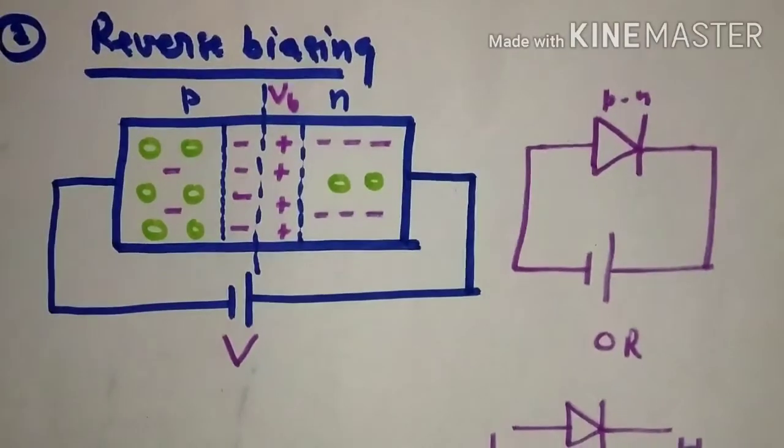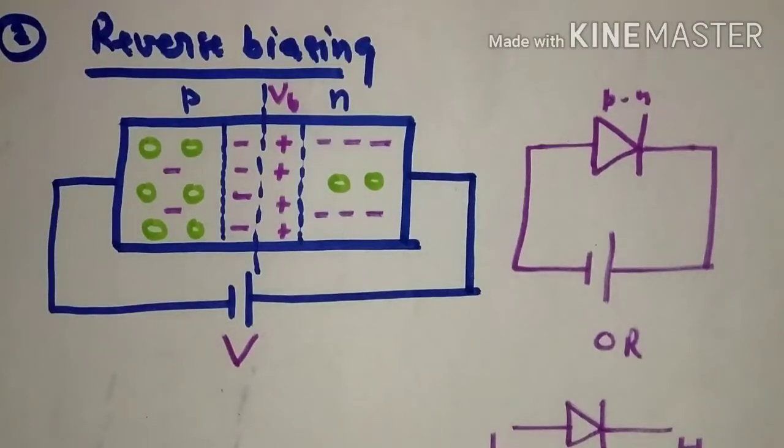Now let's see in detail why there is no current in reverse biasing, why there is an extremely small current due to the minority carriers, and why it is voltage independent.